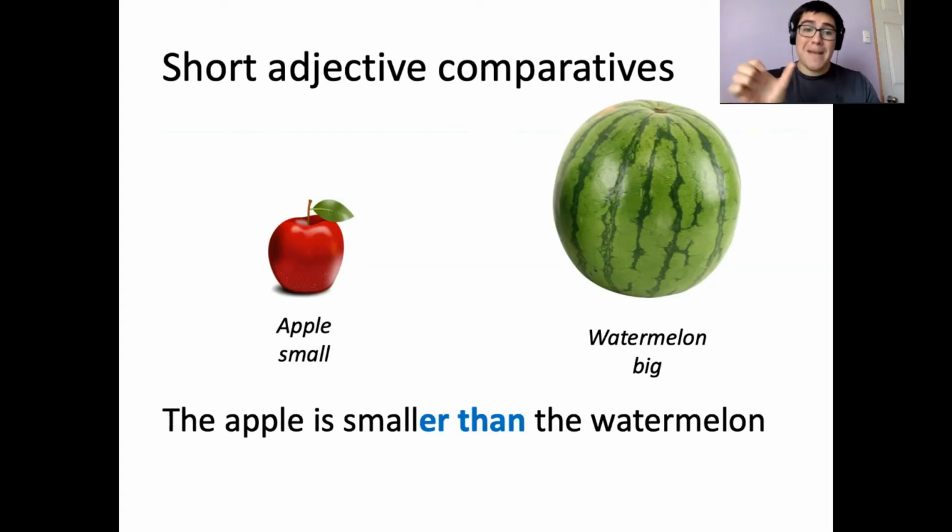Smaller means más pequeño. And smaller than, más pequeño que. So in this case, the apple is smaller than the watermelon. Think for a second. How can we compare the watermelon to the apple using the word big? Can you give me the example?